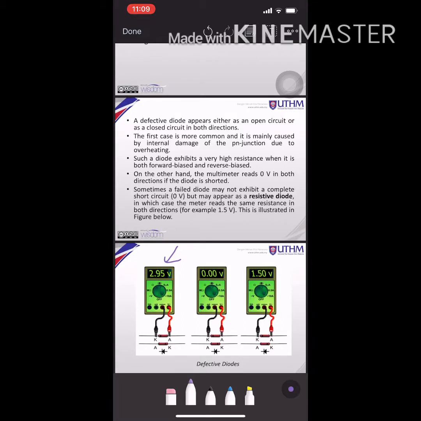Okay, disebabkan oleh masalah overheating. Okay, so kalau awak nampak kat sini, yang leads merah sama kepada anode, hitam sama kepada cathode ataupun both direction, the indication is 2.9 volt or higher, it means that there is some problem in the internal of the diode.